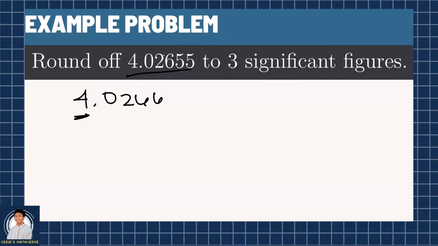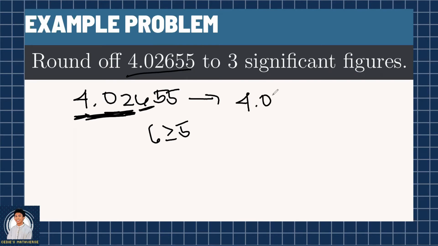I'm sorry, my bad. Then this 2 is also significant. So we now have our 3 significant figures that we desired. And now, we will round the 2 up or down depending on the next digit. 6. 6 is greater than or equal to 5. So we round up the number. So we have 4.03.